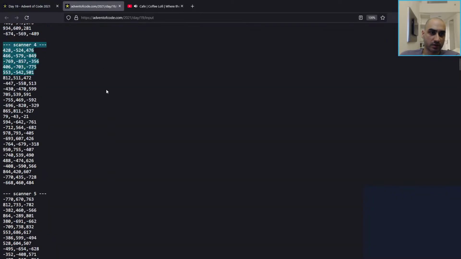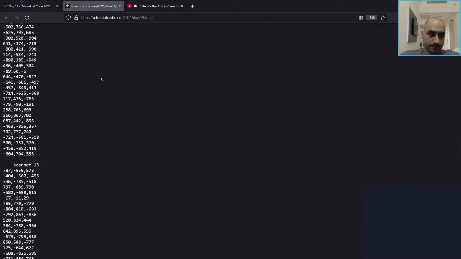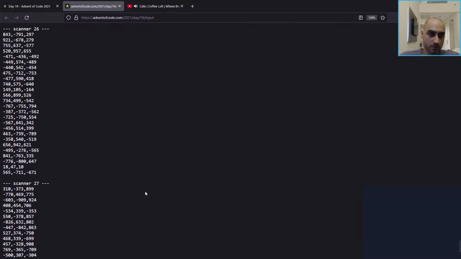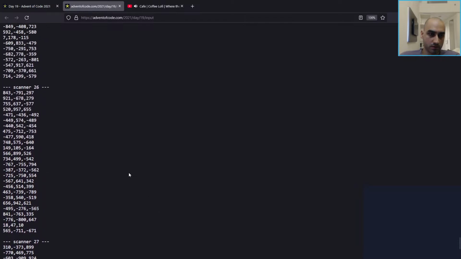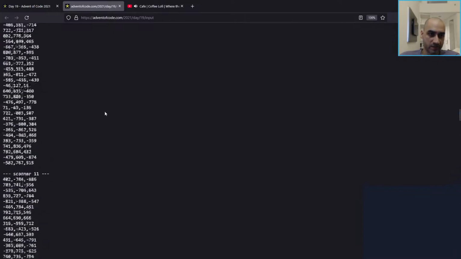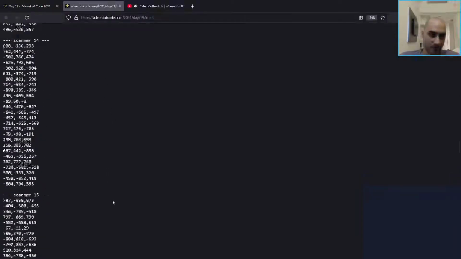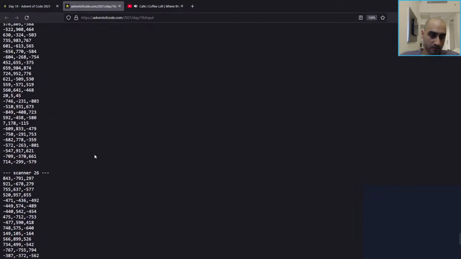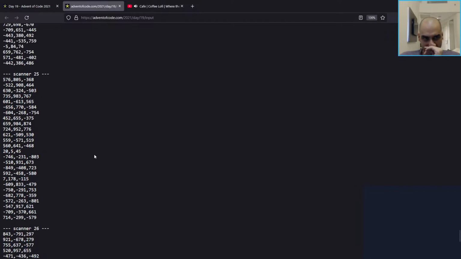How big is the input anyway? So there's 27 scanners, and all we know is that at least one pair amongst these scanners have 12 in common.